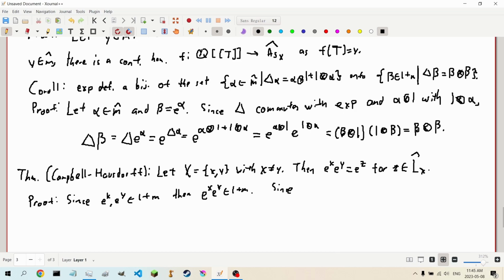and since the exponential map is a bijection, there exists a unique z in m hat such that e to the z equals e to the x, e to the y.